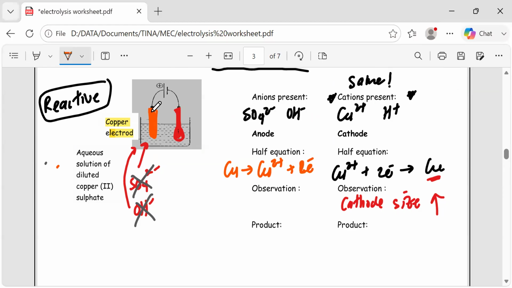So now, because of that, the metal becomes ion. So will this electrode become bigger or smaller? Smaller. So the anode size decreases. So here the product is copper ion and here the product is copper.